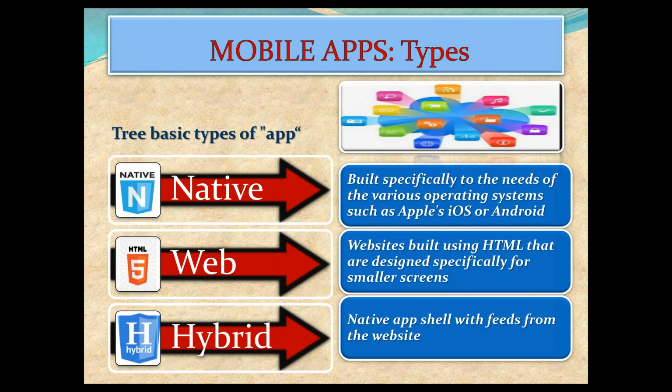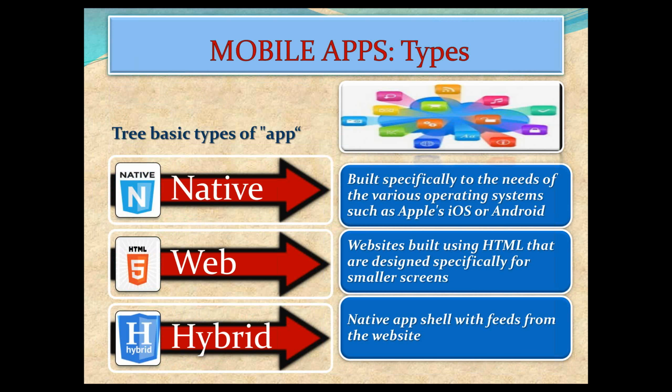They are natives. They're built specifically to the needs of the various operating systems, such as Apple iOS or Android. We have web applications. These are websites built using HTML that are designed specifically for smaller screens. And also, it's not as popular anymore, it used to be, but not in recent years, is hybrid applications.